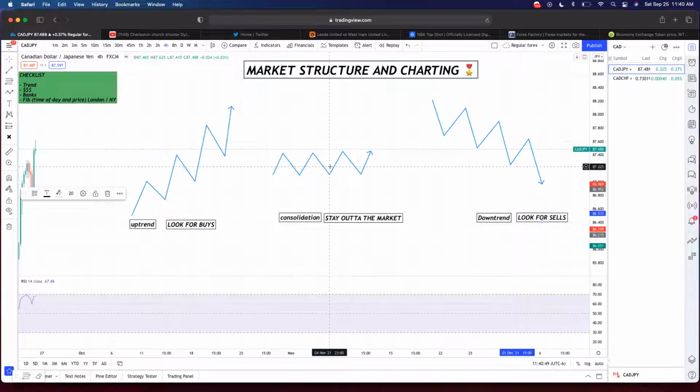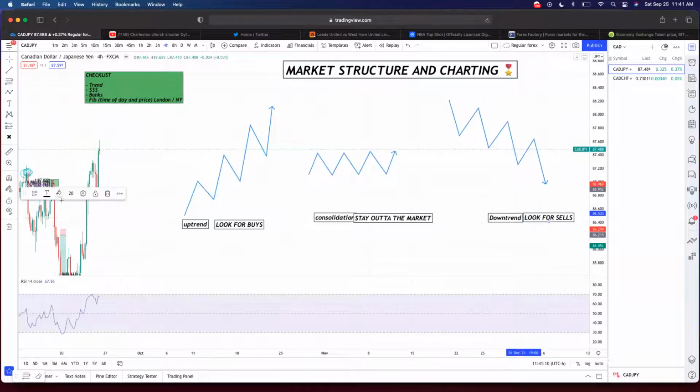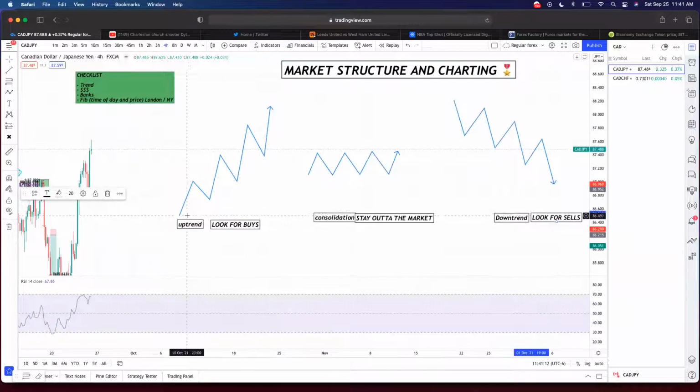So this is basically market structure. All right. Uptrend, consolidation, downtrend. Uptrend, consolidation, downtrend. And one thing you have to understand is in the real market, there's not going to be a perfect zigzag motion. Okay.